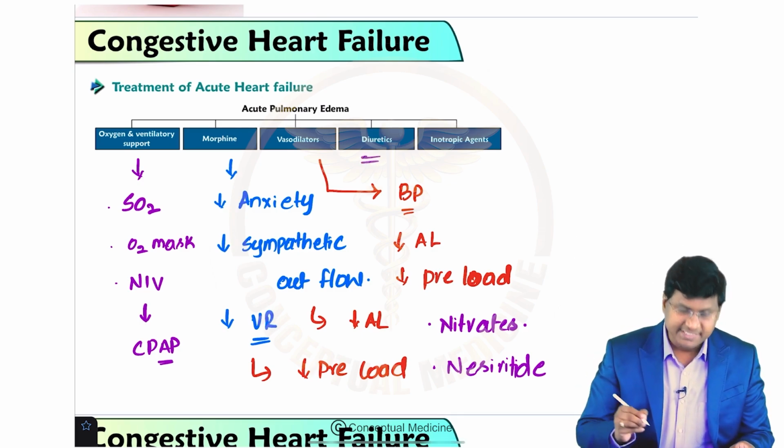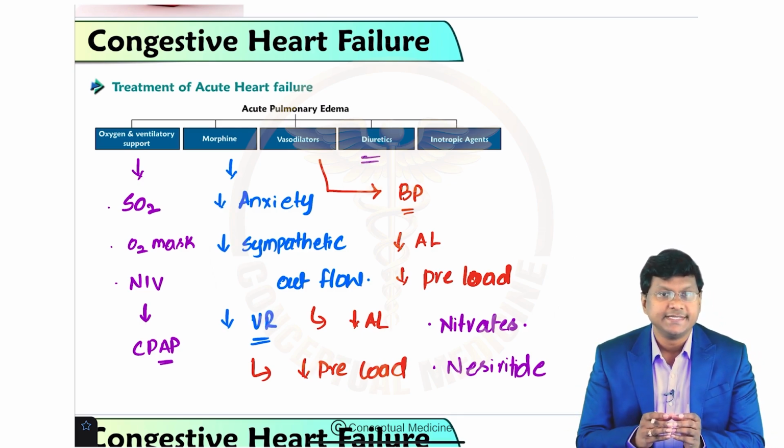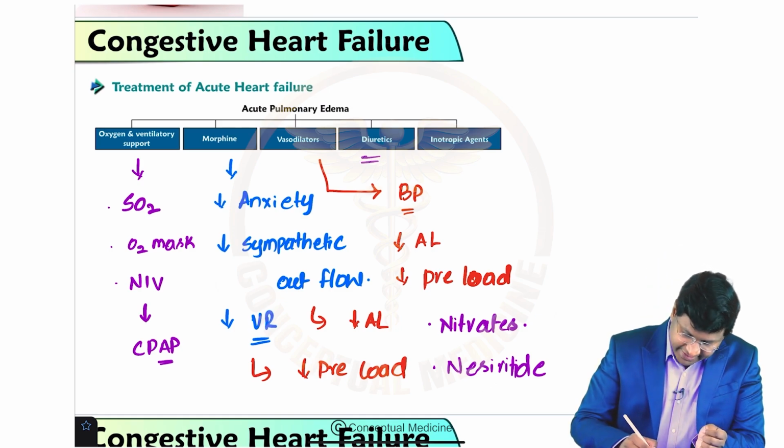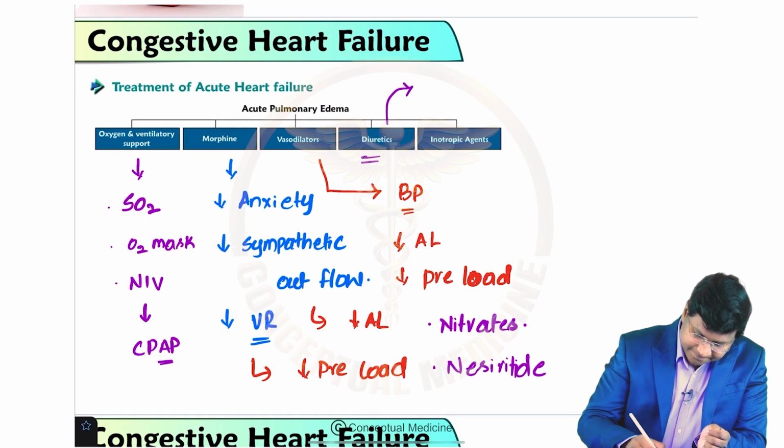Next important is the diuretics. Diuretics are recommended for initial management of acute severe pulmonary edema, especially in the presence of symptoms secondary to fluid retention, mainly to relieve the alveolar edema.